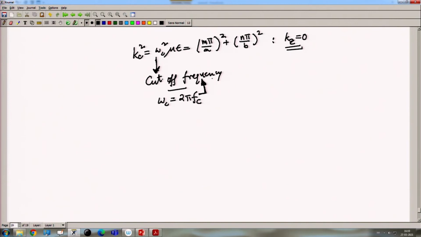So, as we said, below the cutoff frequency the mode is evanescent and above the cutoff frequency the mode propagates.